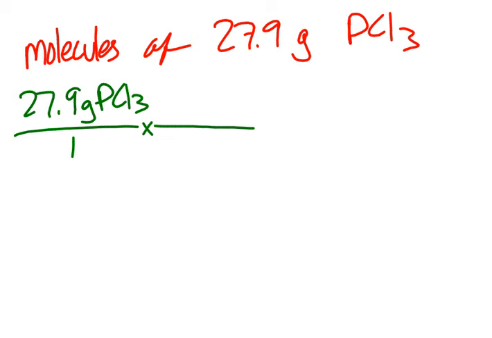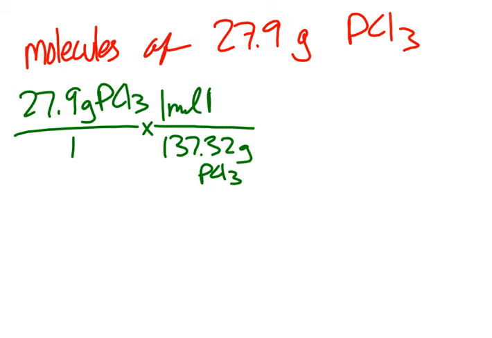Okay. Now, suggestion, if you remember the A equals B and then B equals C, and therefore A equals C as well, you can do that if you want to, but I'm going to go ahead and do it with an extra step, just so you guys can see my thought process. So I'm going to go grams. I know that the molar mass of phosphorus trichloride is 137.32 grams phosphorus trichloride for every 1 mole of phosphorus trichloride.